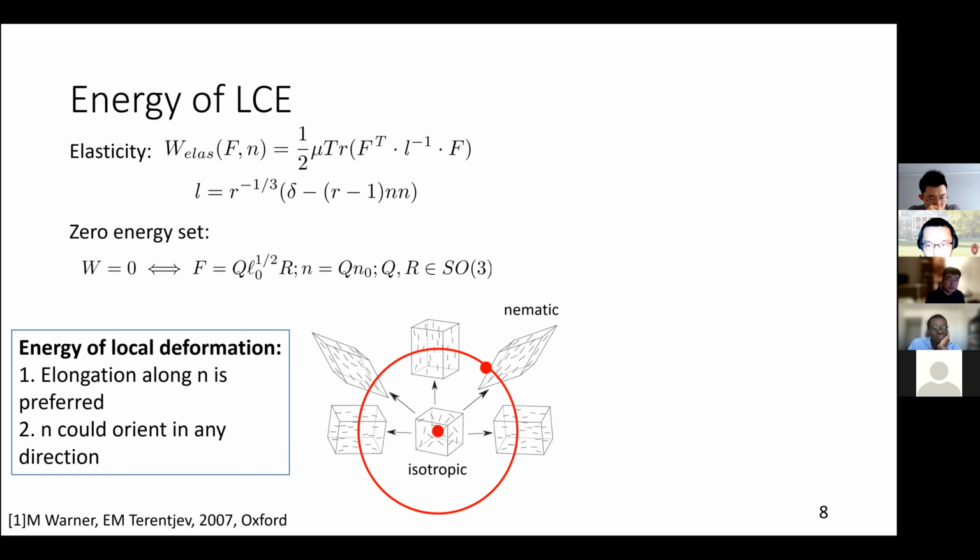Maybe let's start with the energy of the liquid crystal elastomer. Here is the energy, where if we omit this L tensor, it is a normal neo-Hookean material.